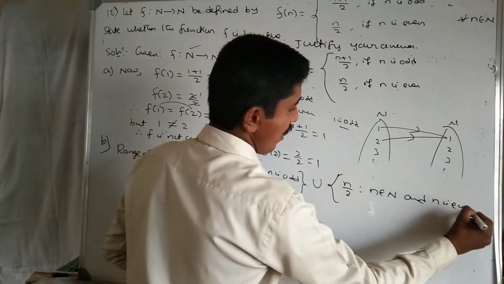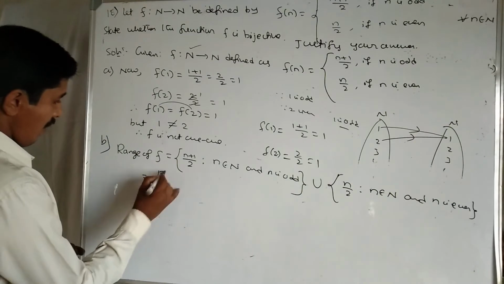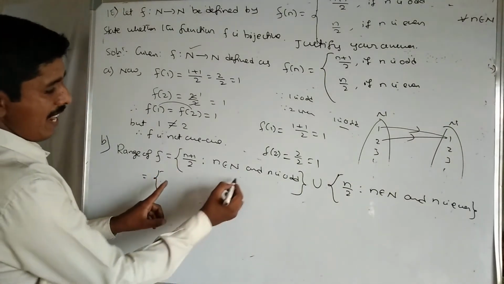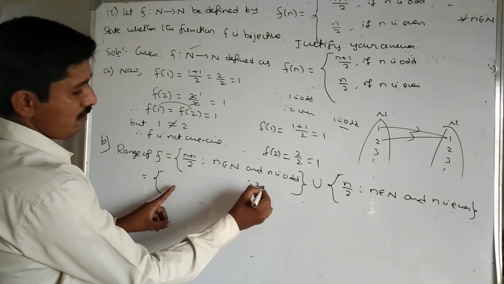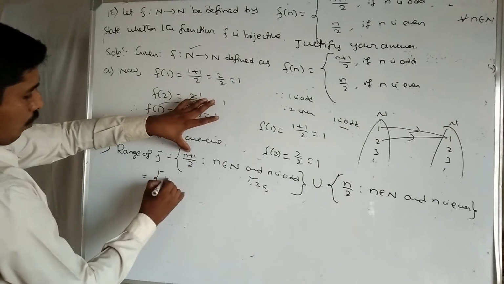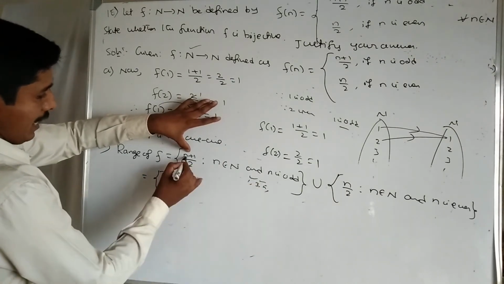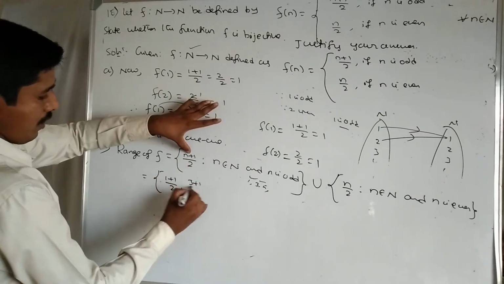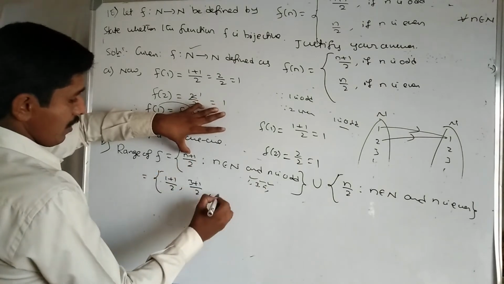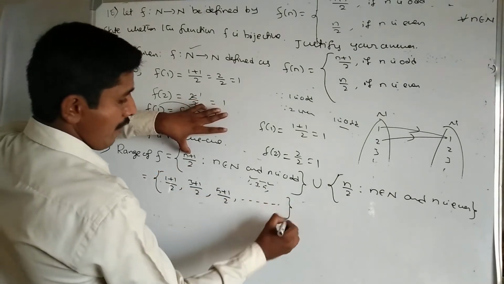Mind it, very important one. Range of f is equal to: here n is an odd natural number, 1, 3, 5, and so on. Substituting n equal to 1, (1+1)/2; next n equal to 3, (3+1)/2, set of all elements; n equal to 5, (5+1)/2, and so on.